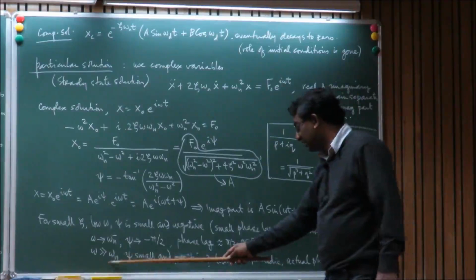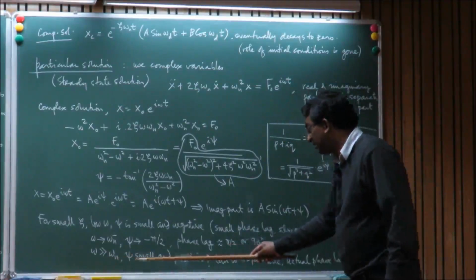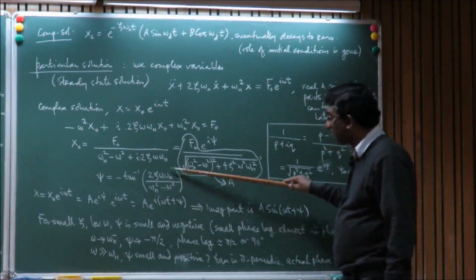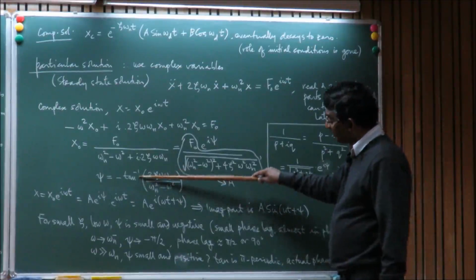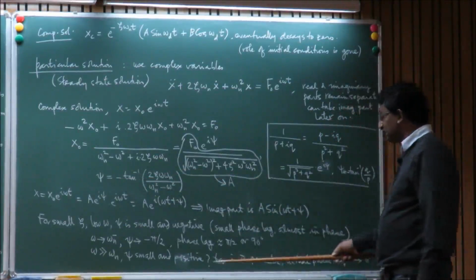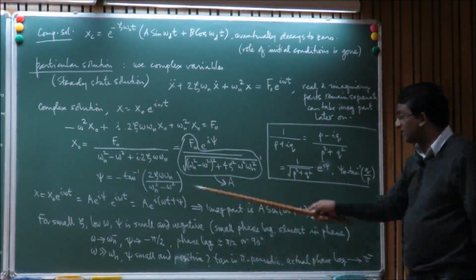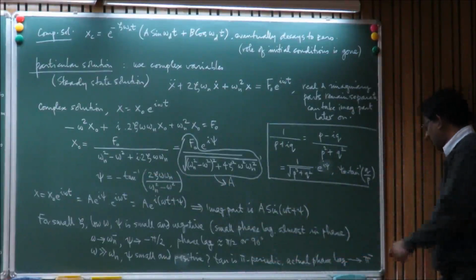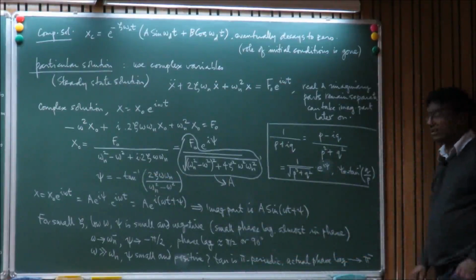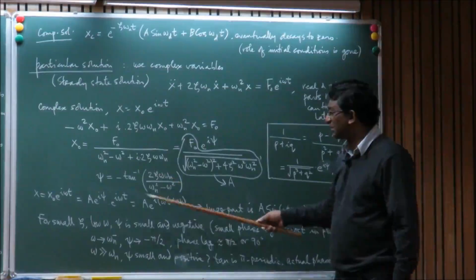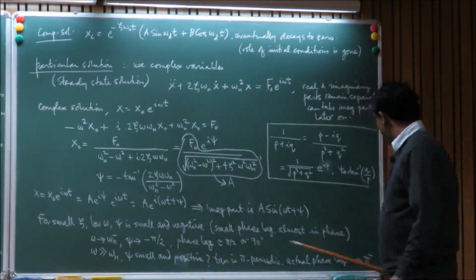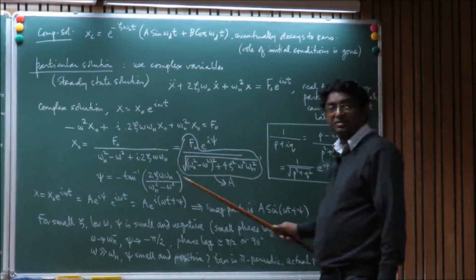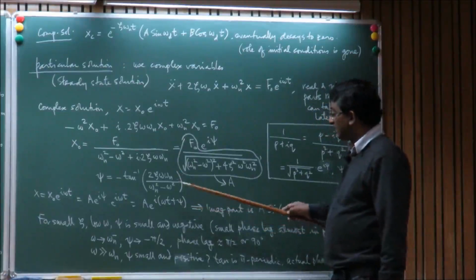Then this quantity becomes negative in the denominator but small overall. So the tan inverse is a small negative number, and with the negative it becomes a small positive number. But you subtract pi from it because the tan inverse allows that, and then the actual phase lag is slightly below pi. When you work it out with greater care, you will get the same result. For small forcing frequency, it is almost in phase with a small phase lag.